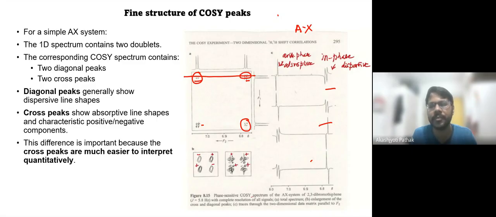So your diagonals will always give you a dispersive signal. And when you take it along this other line, the sign will be interchanged, and you will get the opposite antiphase absorptive and in-phase dispersive.